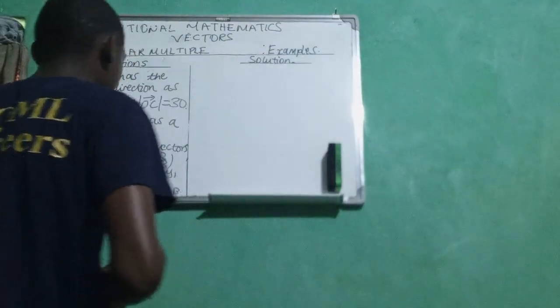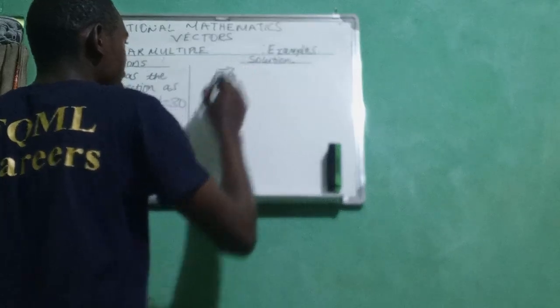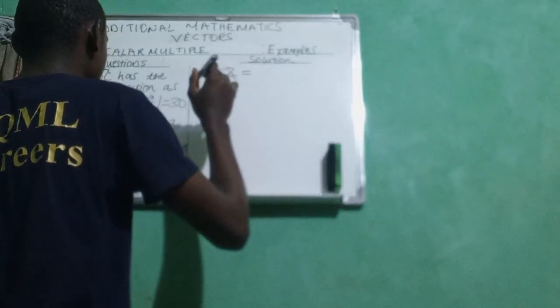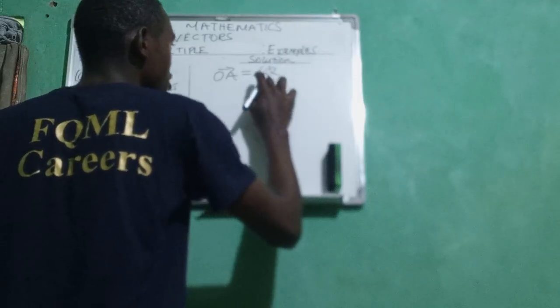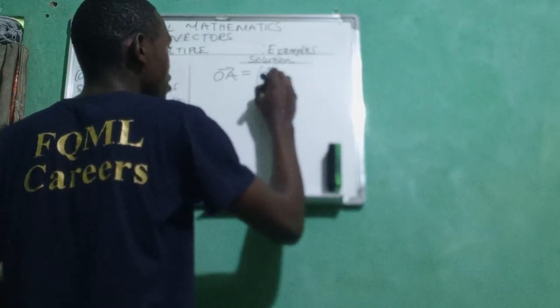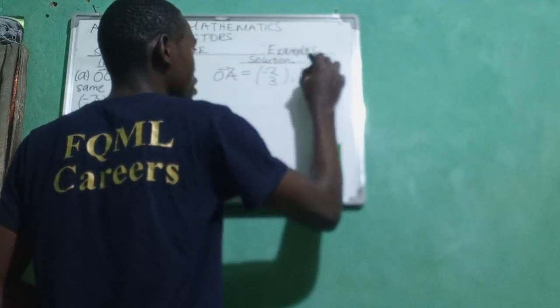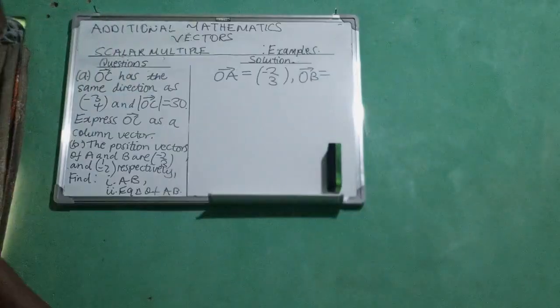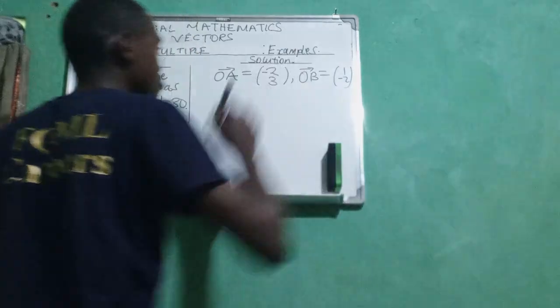So it means that vector OA, that's how we represent position vectors, is equal to (-2, 3), and then vector OB is equal to the next one, (1, -2).